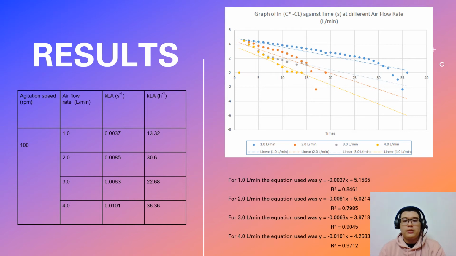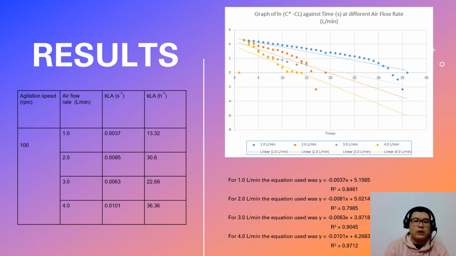For 4.0 liters per minute, the equation was y equals negative 0.0101x plus 4.2683, and the R squared is 0.9712.